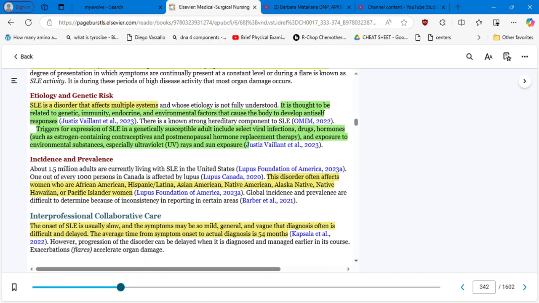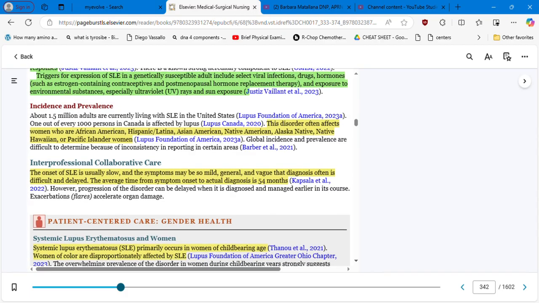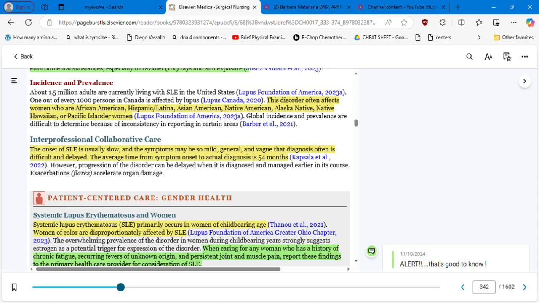This disorder often affects women who are African American, ding ding, remember this, Hispanic, Latina, Asian American, Native American, Alaskan Native, Native Hawaiian, or Pacific Islander women. The onset of SLE is usually slow. This is very important because this is the reason why it's misdiagnosed.